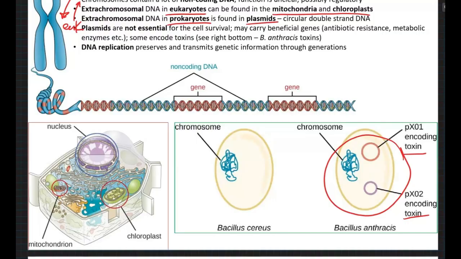So, a very critical bit of information. Extrachromosomal DNA is not essential for a cell. It adds some benefits, definitely in prokaryotes, definitely in bacteria, but let's put it this way. If you take these plasmids out of Bacillus anthracis, do you think the cell can still reproduce?